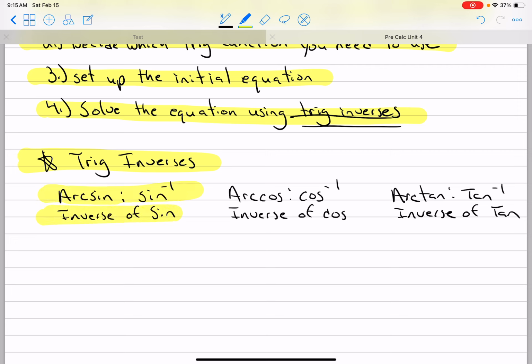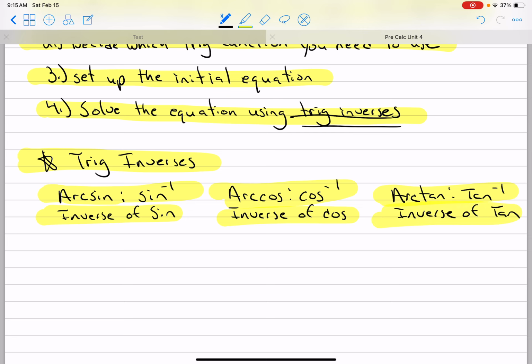It undoes sine. The second one is called arc cosine, cosine to the -1. That is the inverse of cosine. It undoes cosine. The third one is called arctangent, which is tangent to the -1, and that is the inverse of tangent.